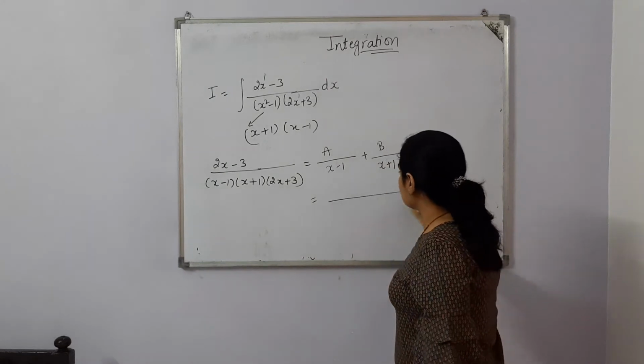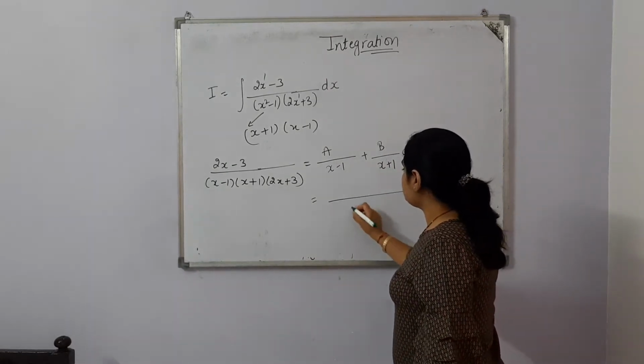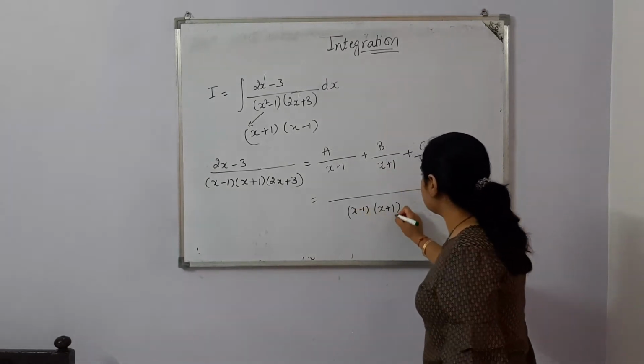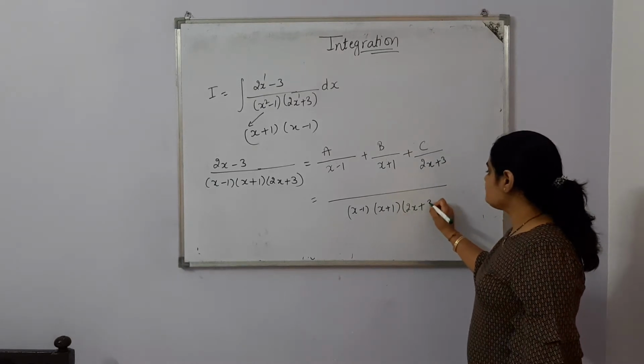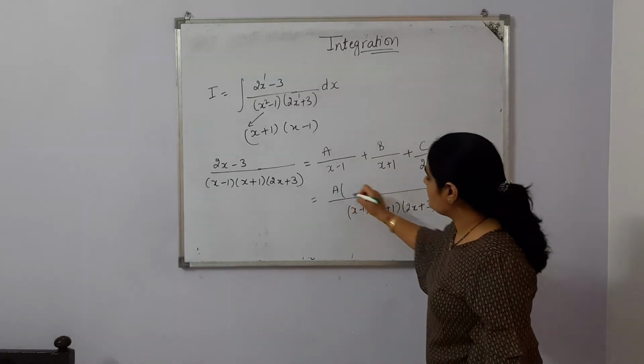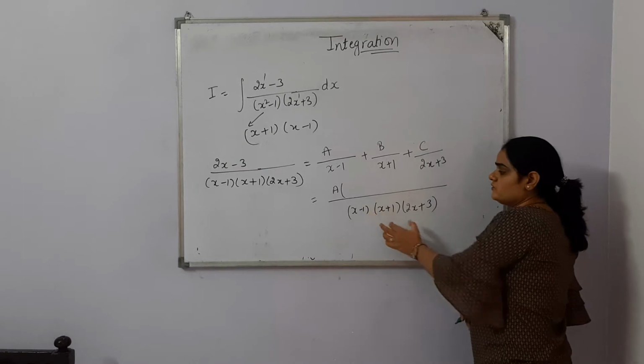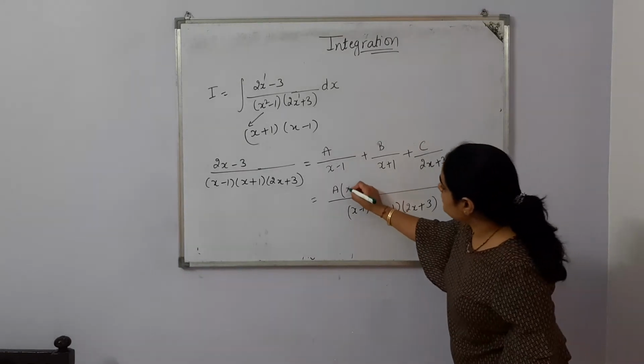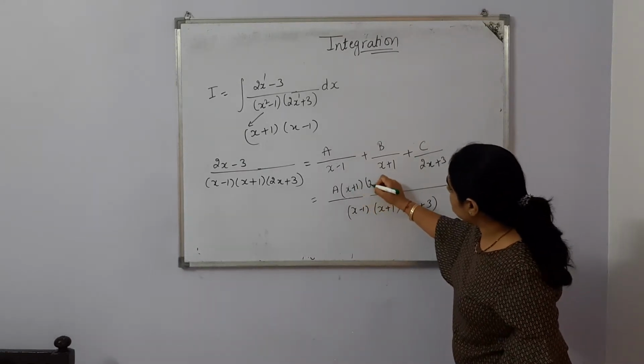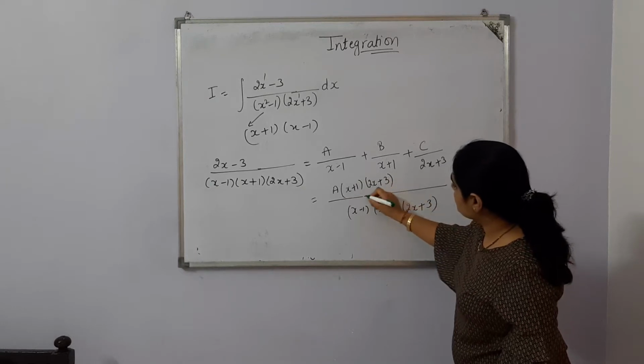And after taking the LCM, we'll get x minus 1, x plus 1 into 2x plus 3. Here with a, x minus 1 is there, so we multiply a with x plus 1 into 2x plus 3.